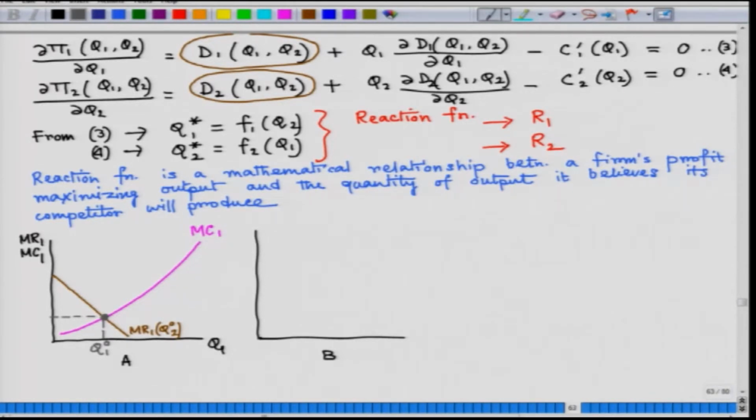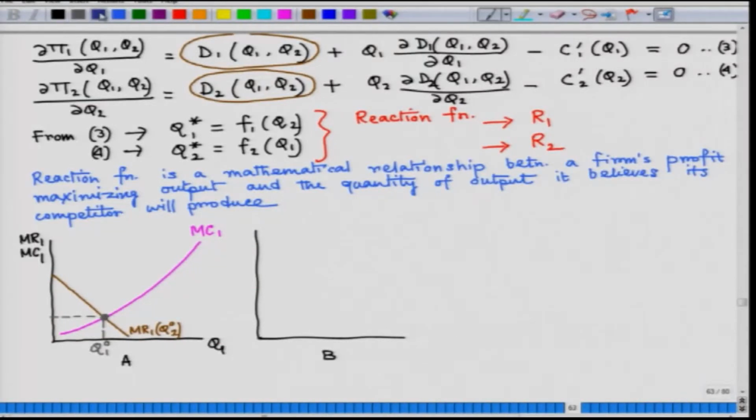So, this is my initial level of equilibrium. So, now let us study how the firm is going to find another equilibrium if it assumes another value of Q2. So, basically if I change the value of Q2, if I change my belief, in other words, then I am going to get another marginal revenue curve. Now, let us study how we can generate this series of marginal revenue curves.